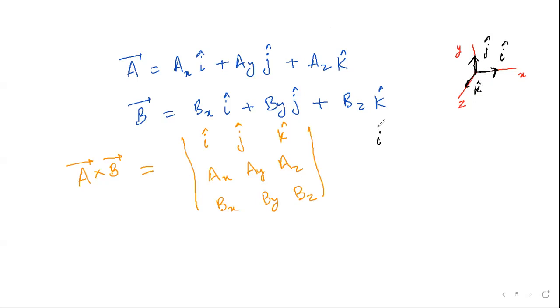Now if I have to find i cross i, it is zero vector. Why?